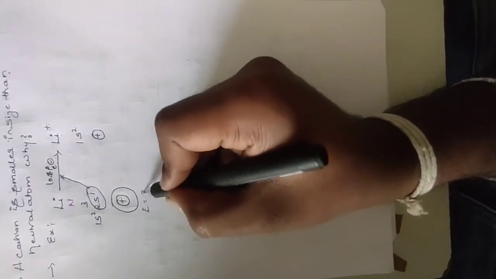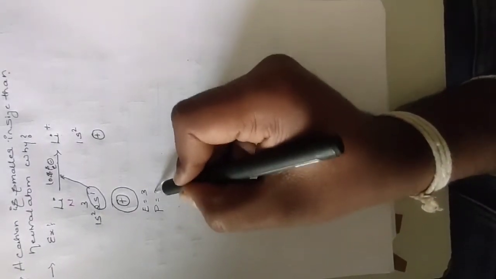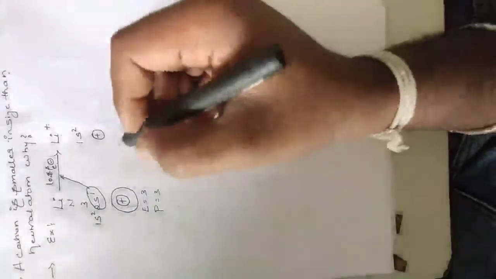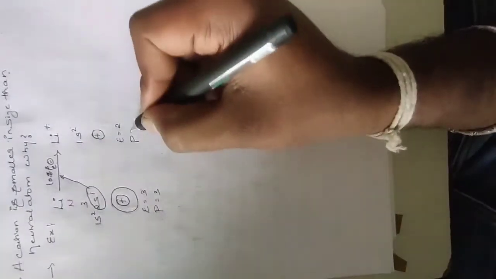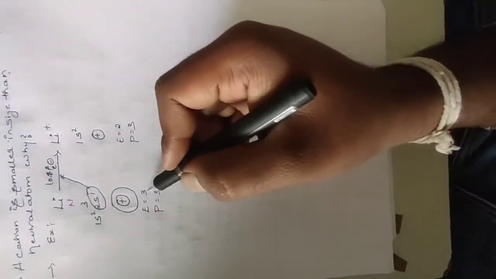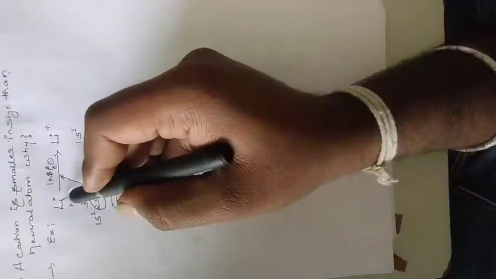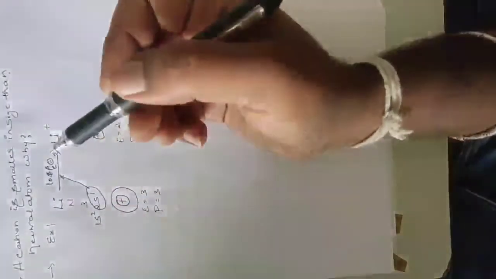Here the electrons are 3, and protons are also 3. Here electrons are 2, protons are 3. The electrons decrease when lithium goes to lithium plus.